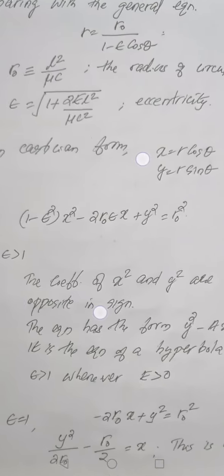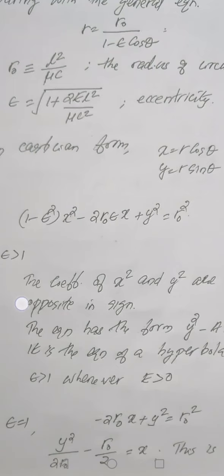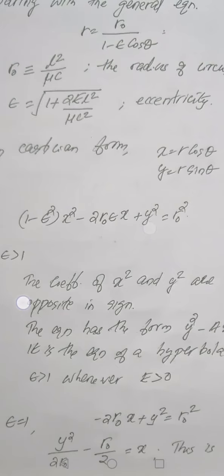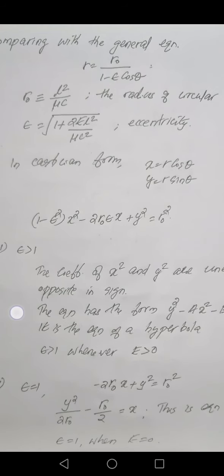So here the coefficient of x square is 1 minus epsilon square and the coefficient of y square is 1. So this term is negative and this term is positive. Therefore the coefficient of x square and the coefficient of y square are unequal and opposite in sign. Therefore it is of the form y square minus a x square minus bx equal to a constant, that is the general equation.